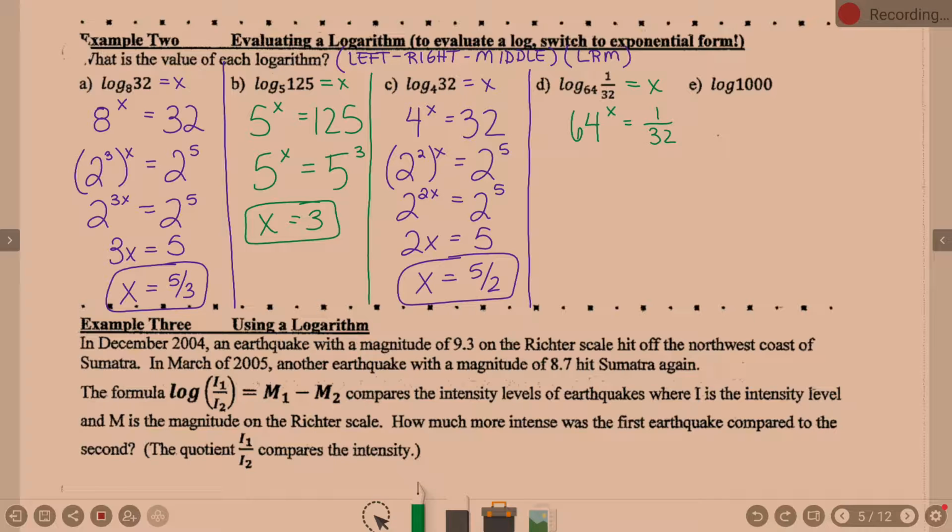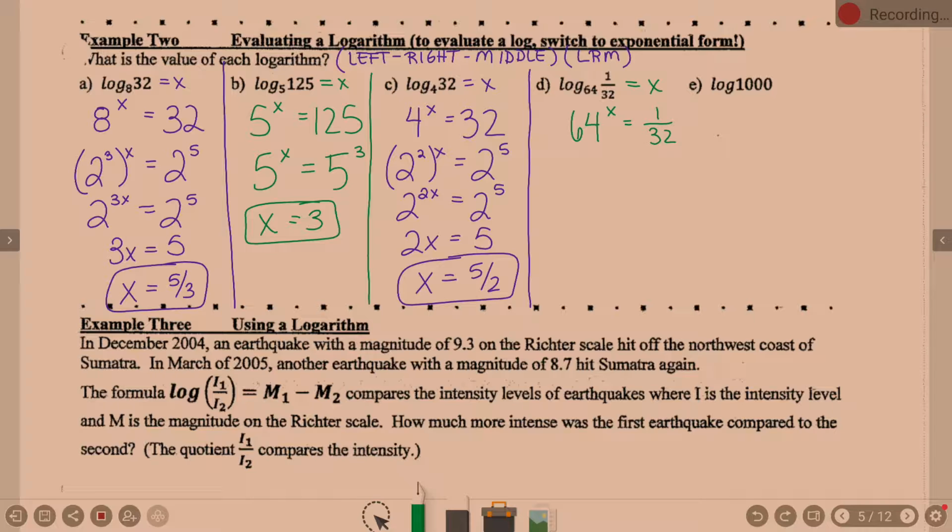Now, here's my recommendation. Don't stress about the fraction for the moment. Just leave it in there. It's fine. What numbers do you see that we want to have the same base? 64 and 32. Well, we've only used 32 two other times today. Do you know that one yet? Yeah. It's 2 to the 5th.